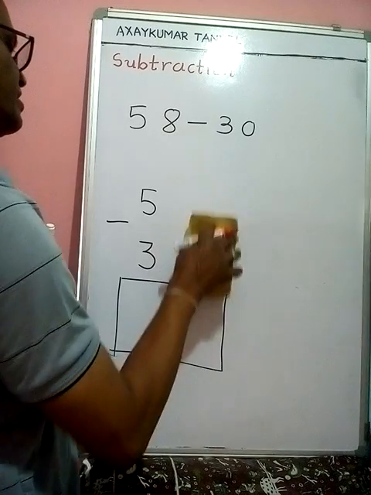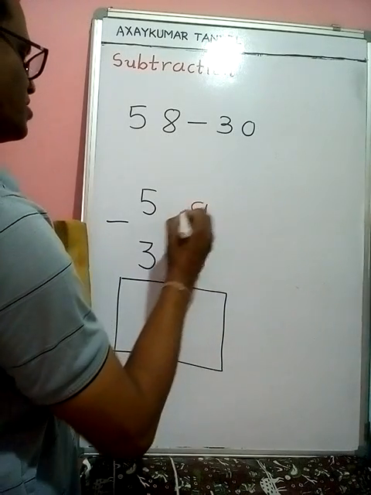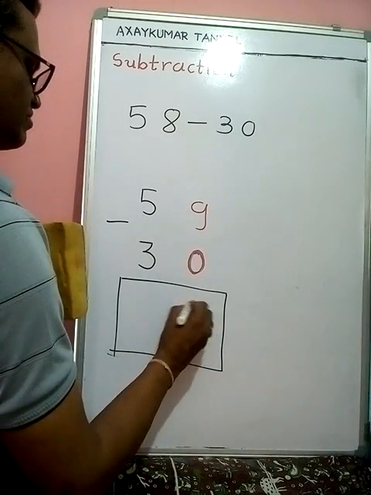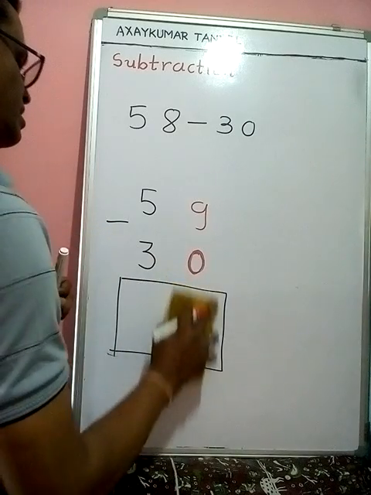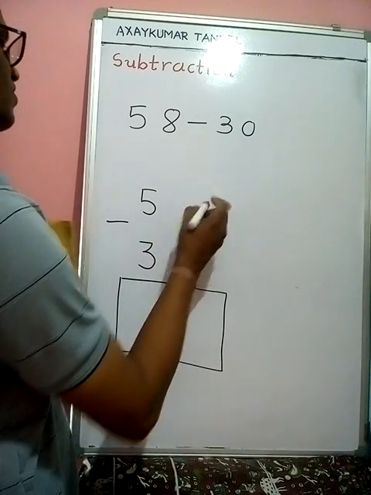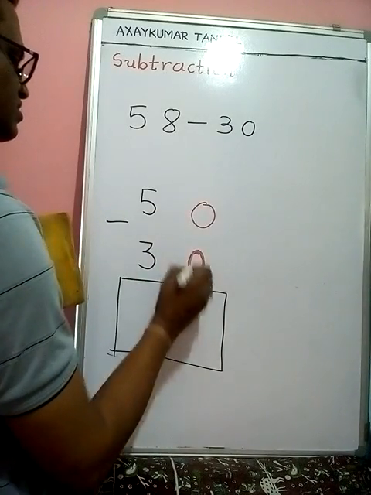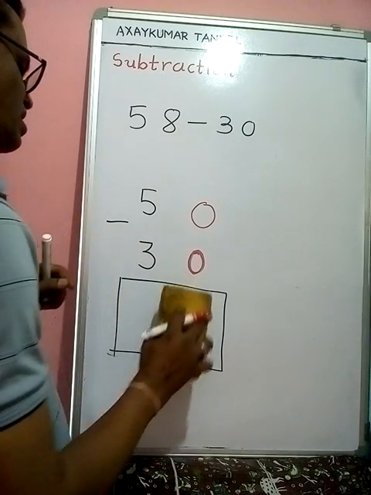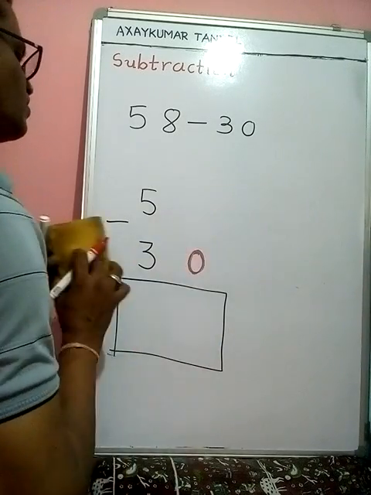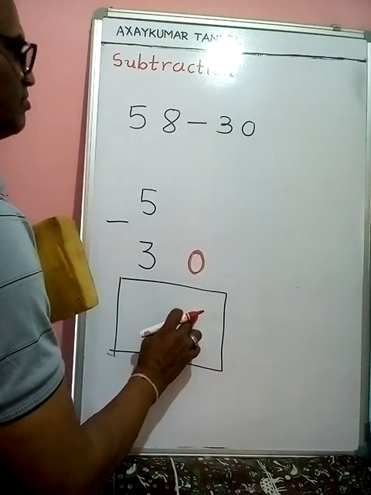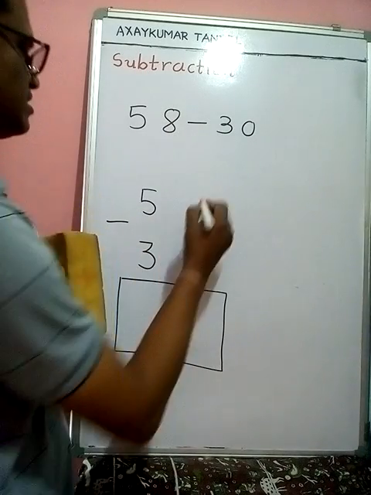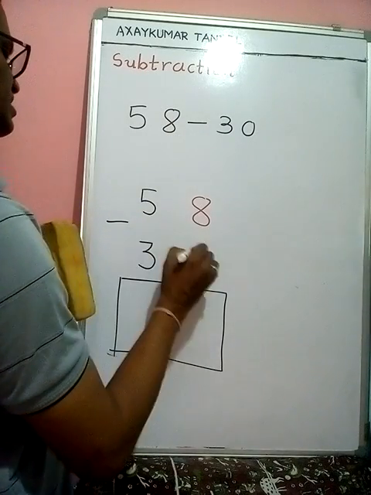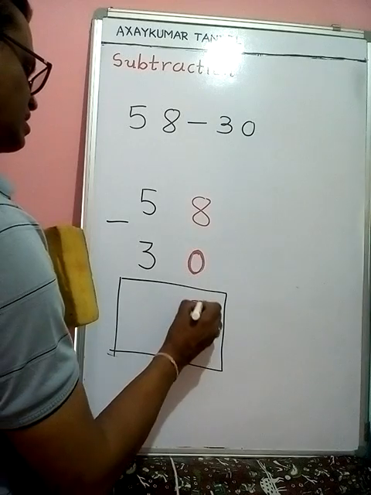If here 9 minus 0 is equal to 9, and if here 0, 0 minus 0 is equal to 0. Any number minus 0 is equal to that number. Here is 58, so 8 minus 0 is equal to 8. Understand?